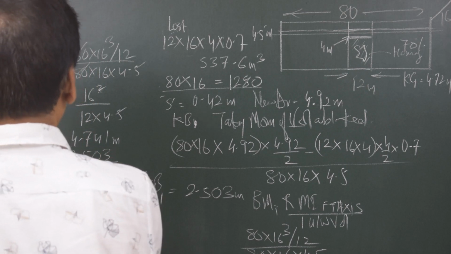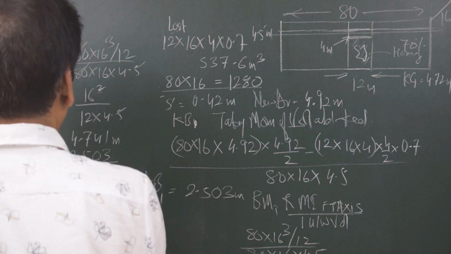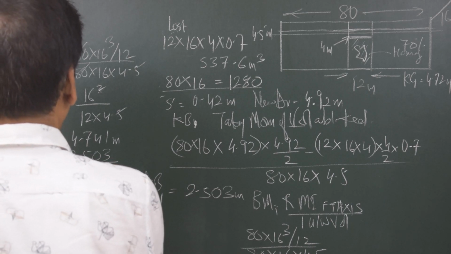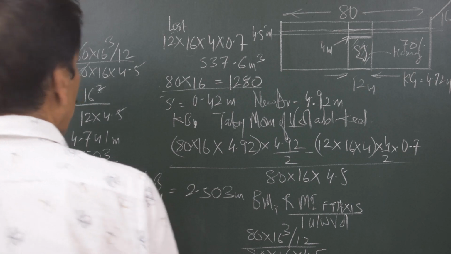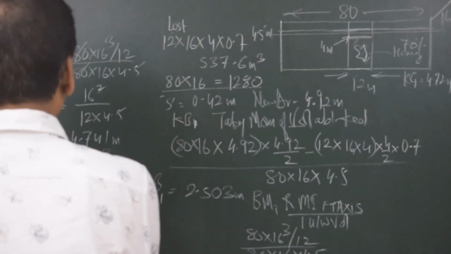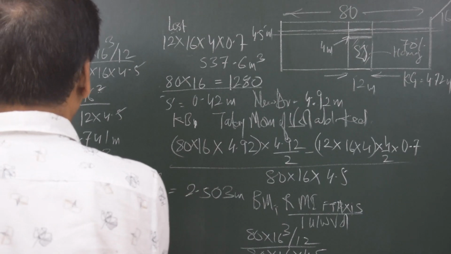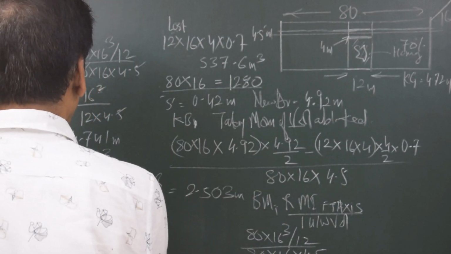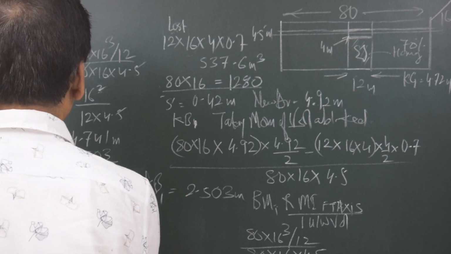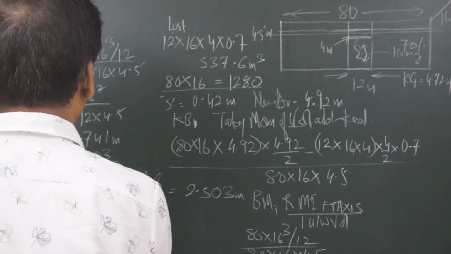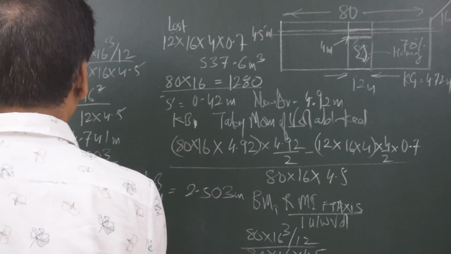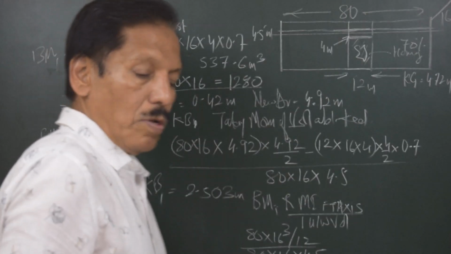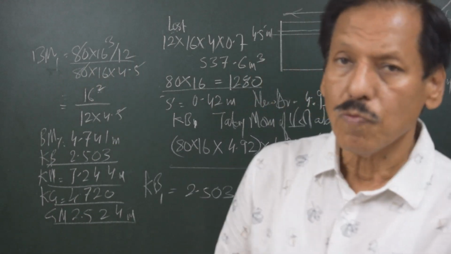So the total of the two, KM transverse, is 7.244 meters. Now KG, which was given in the question, is 4.720. So the GM would be 2.524 meters. So we have found out the sinkage, we have also found out the GM.